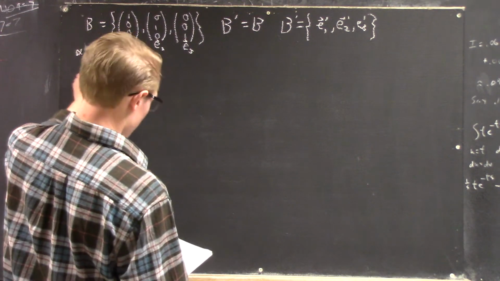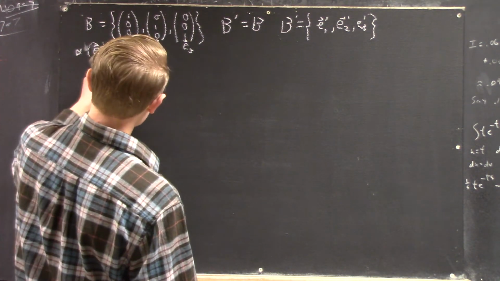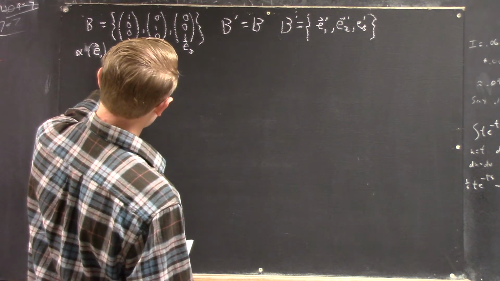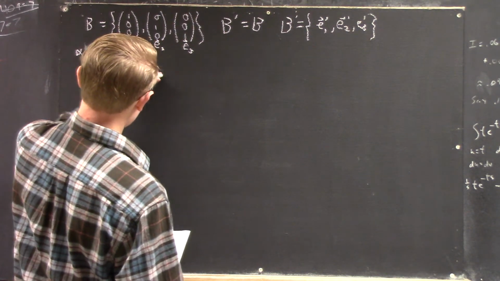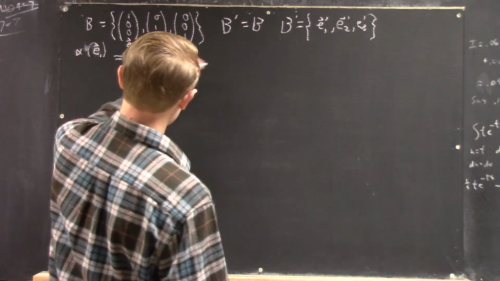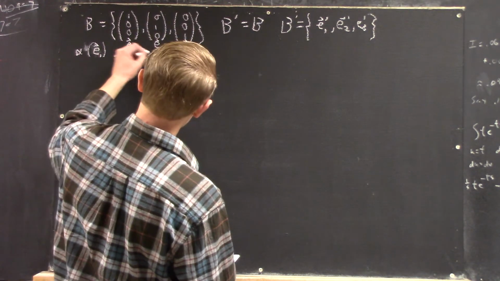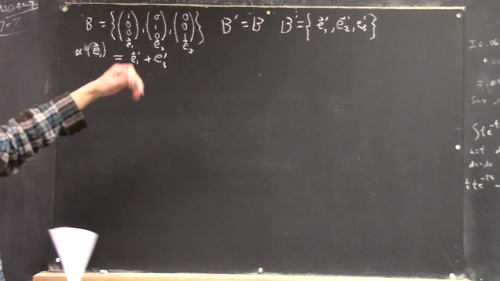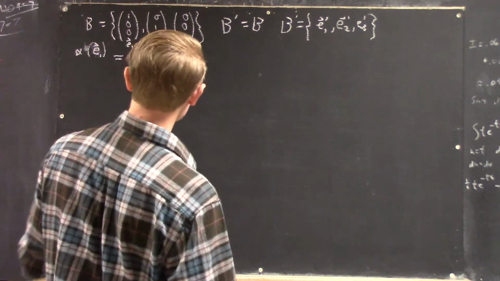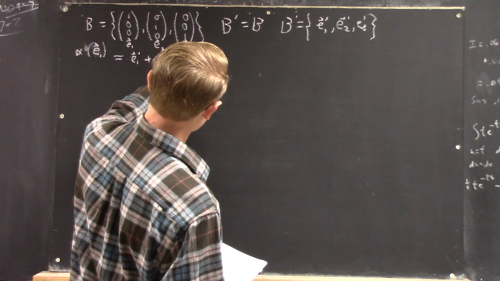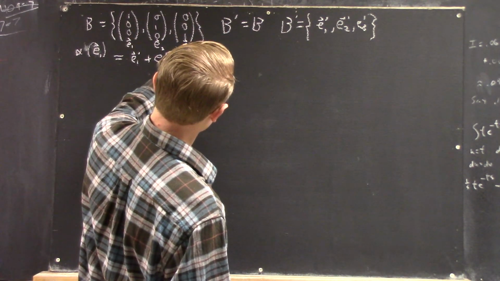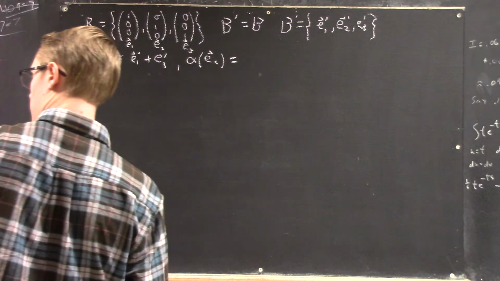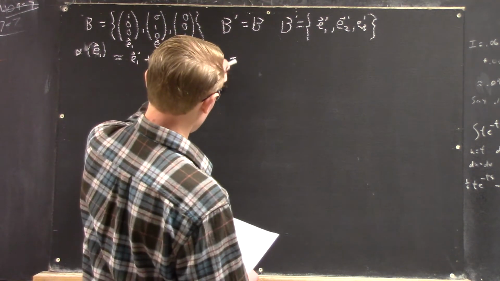Well, by applying this transformation, what we will get is, of course, vector E1, once it transforms over to R3, will be vector E1 prime plus vector E3 prime. And for the second one, of course, this is due to that matrix, we'll write this out here in a moment.